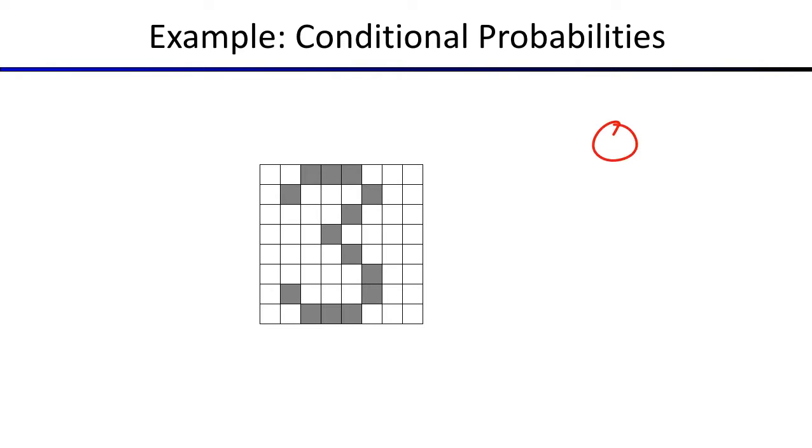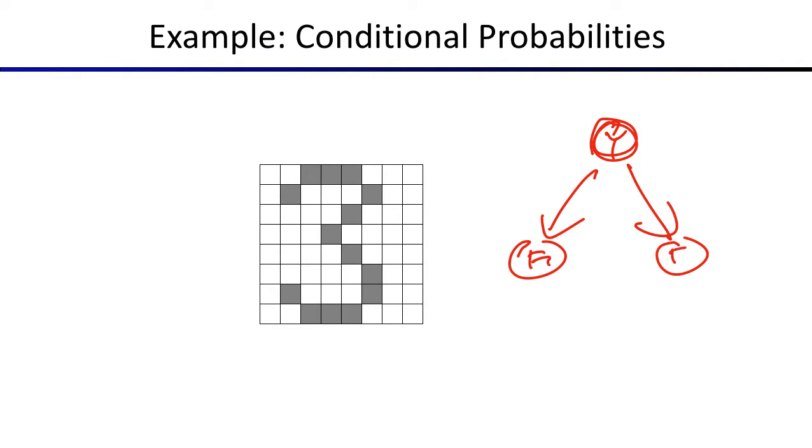To make this concrete, if I have my Bayes net, I have two features. This is y, this is f1, this is f2. How am I going to estimate y? P of y is just the fraction of things that wind up with one label or the fraction of things that wind up with the other label.